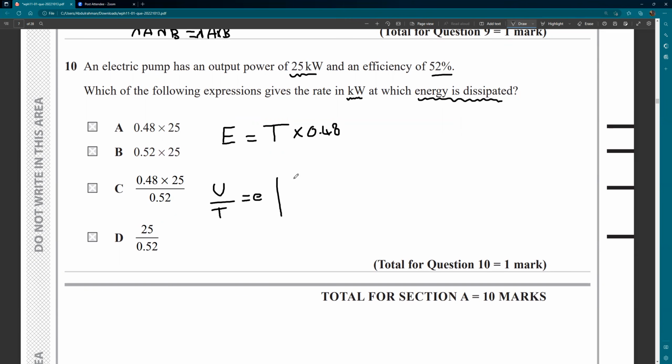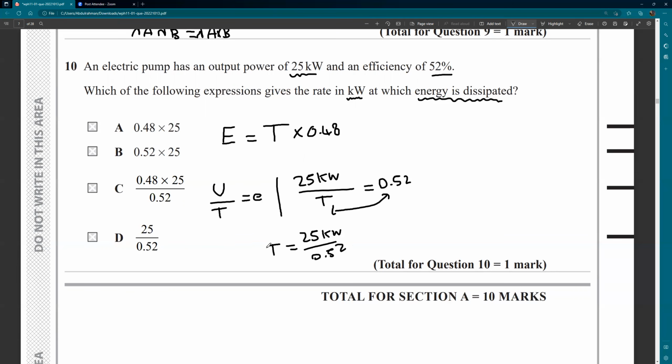And useful is 25 kilowatts. So 25 kilowatts over the total is equal to 0.52. That's the efficiency. We want the total, so we could swap these two around. So we could say that the total is equal to 25 kilowatts over 0.52.